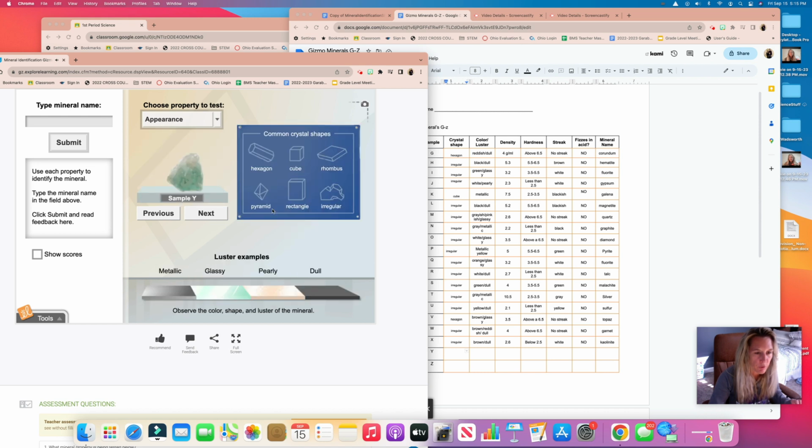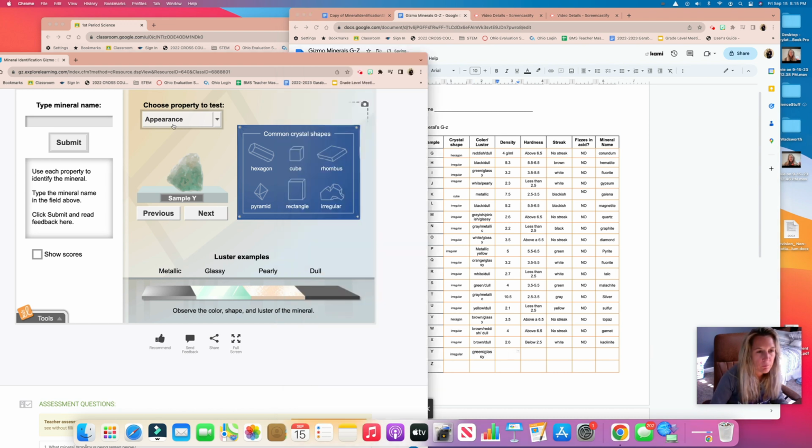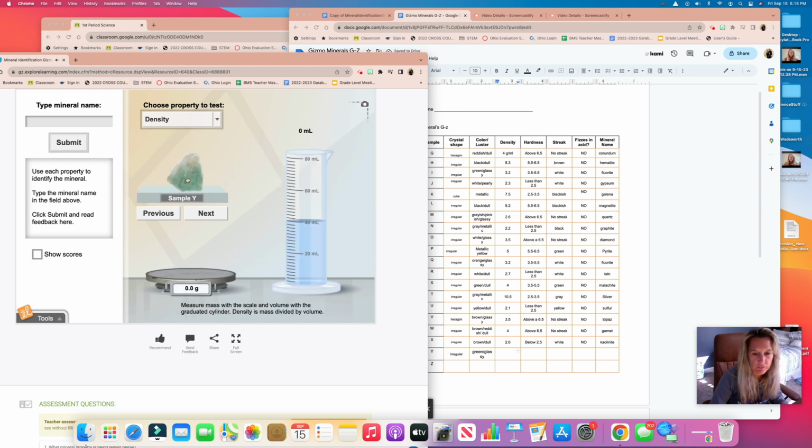Let's start with appearance. All right, so first, this is kind of, I would say, irregular, kind of a green glassy color. Green glassy. Let's try density.